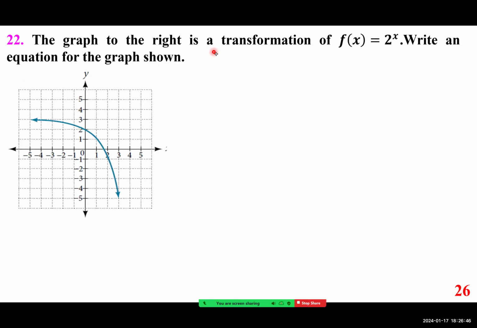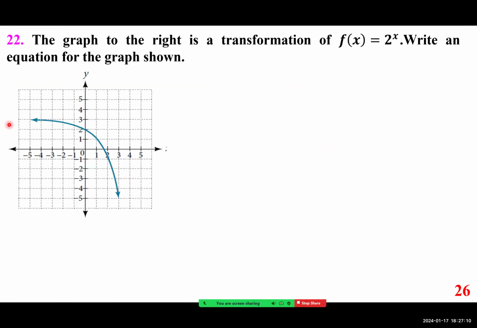The graph to the right is a transformation of f of x equals 2 to the power of x. Write an equation for the graph shown. Well, let's see what we have here.